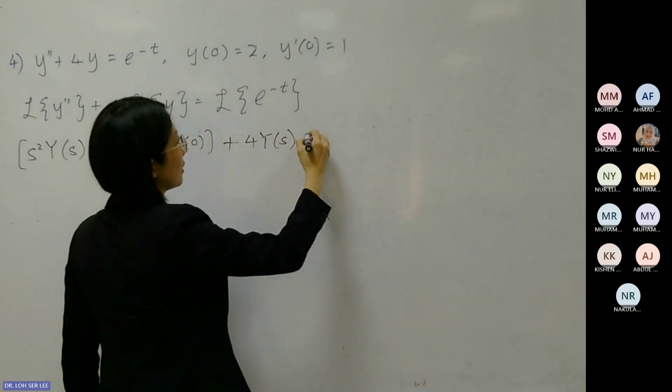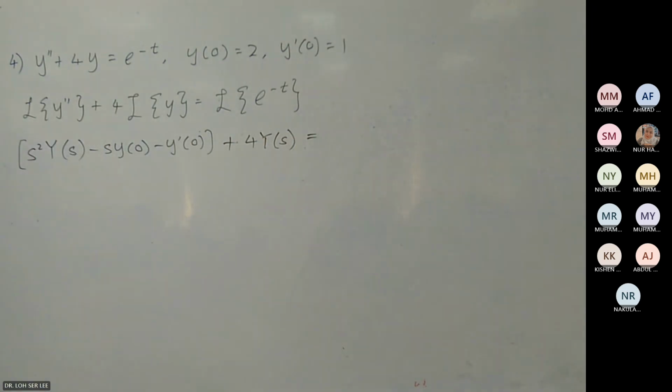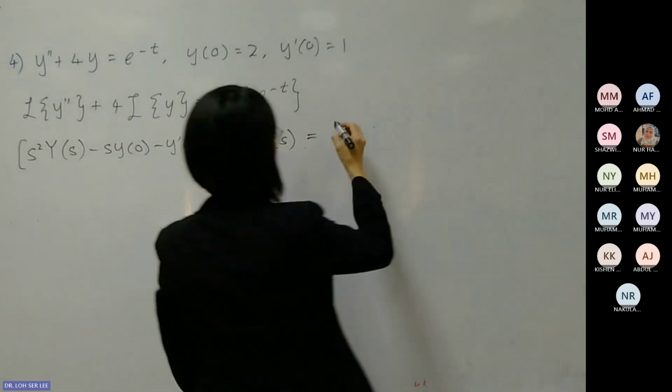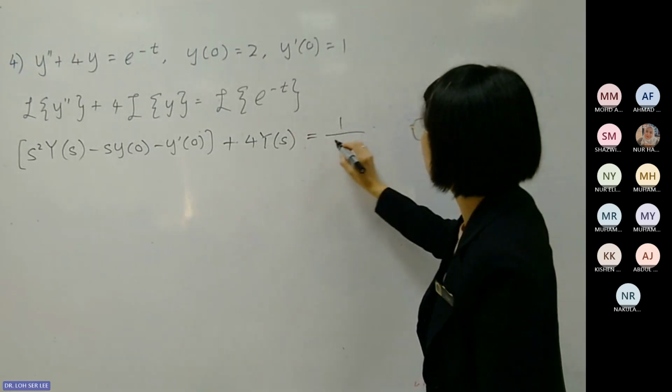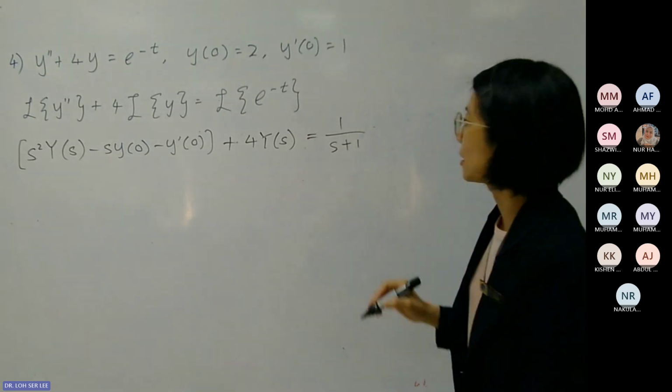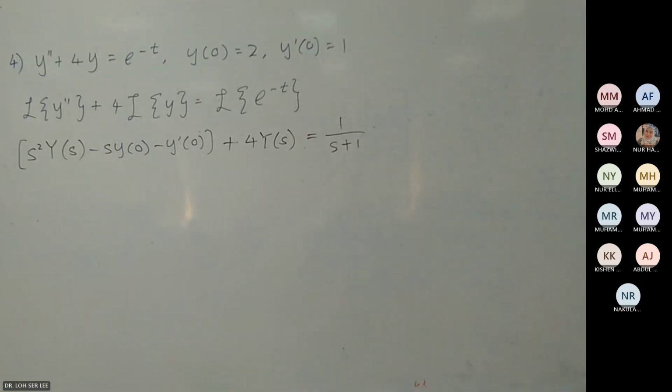What do you get for the right hand side function? Laplace of e to the negative t is 1 over s plus 1. Okay, plus 1.